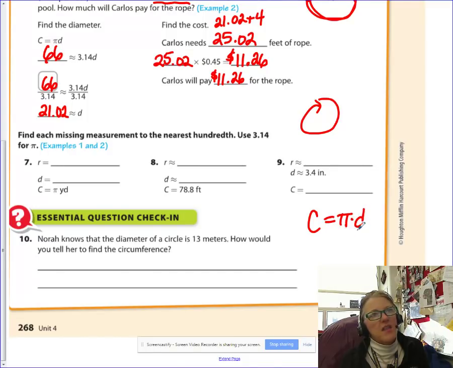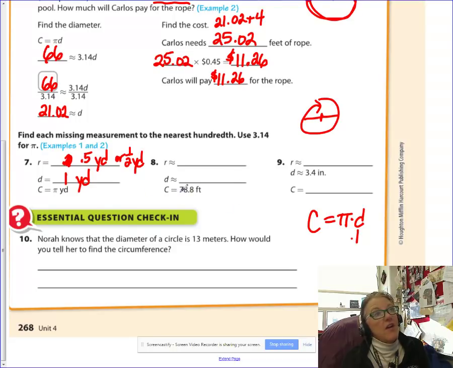If I just have pi there, then my diameter must be the number 1. 1 yard, which means your radius, remember diameter is all the way across, radius is half as much. If you're a decimal person, you'd write it this way. If you're a fraction person, you'd write it this way.